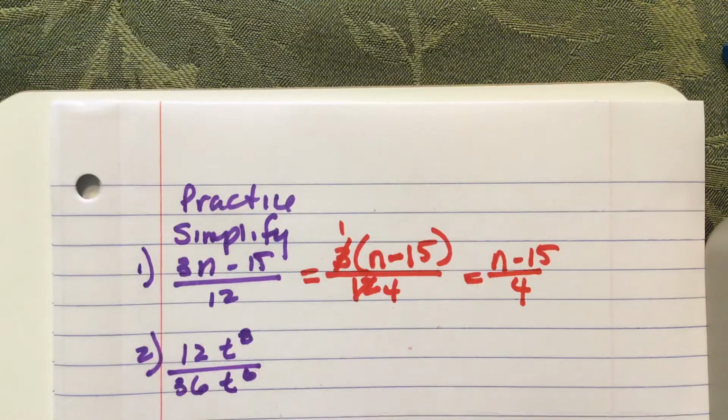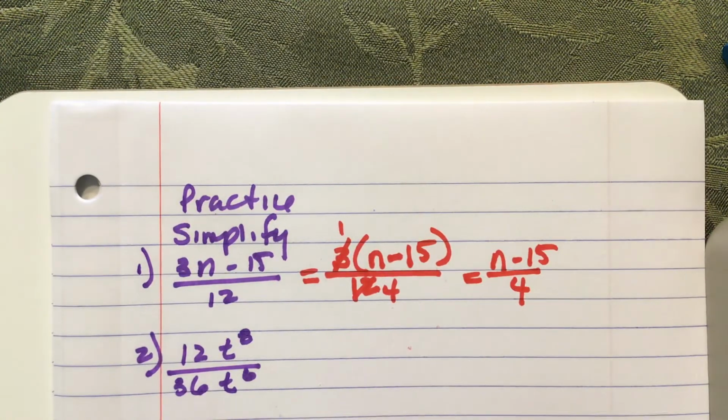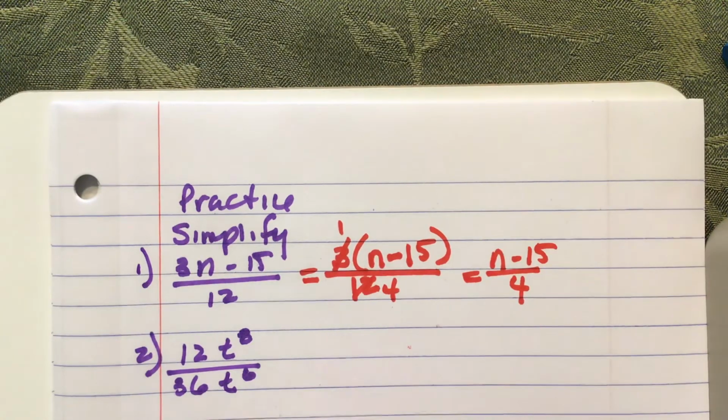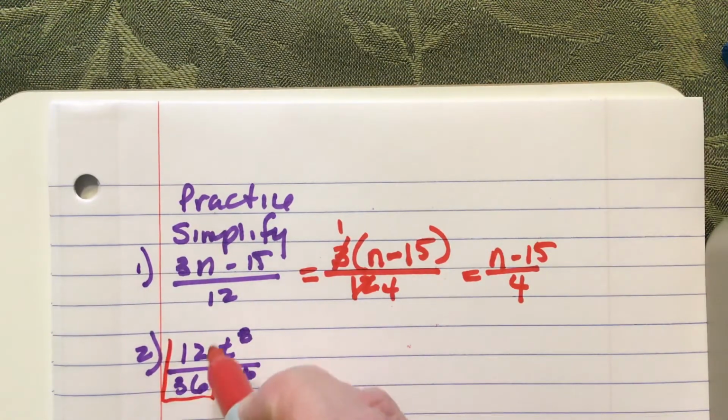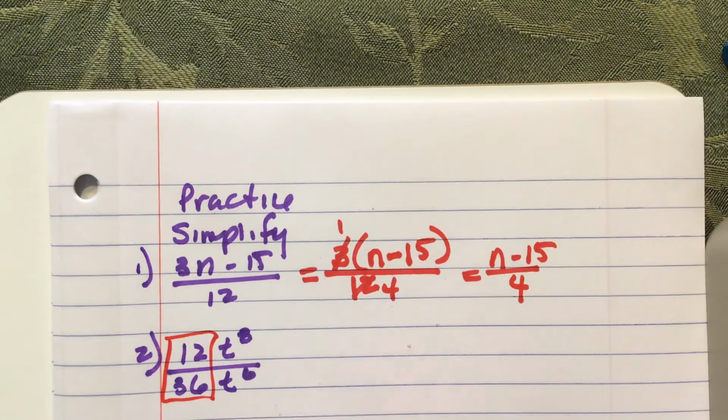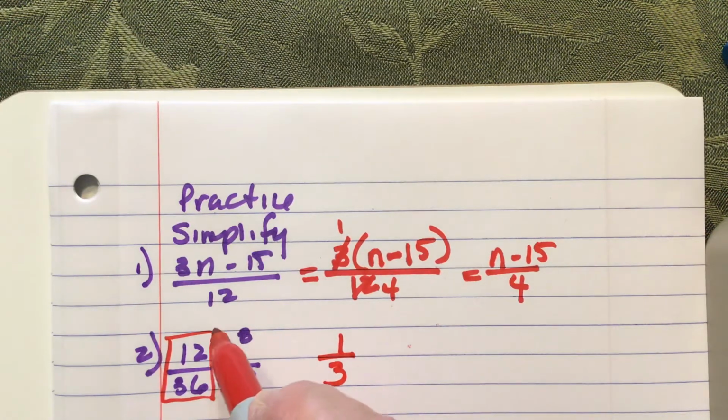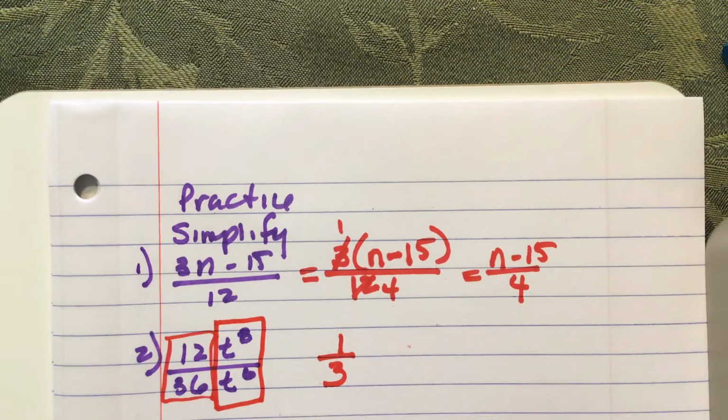Next one says 12t to the 8th over 36t to the 6th. Well, let's look at my numbers. 12 over 36. Well, if I divide them both by 12, I get 1 over 3. Now if I look at my variables here, I have t to the 8th over t to the 6th.